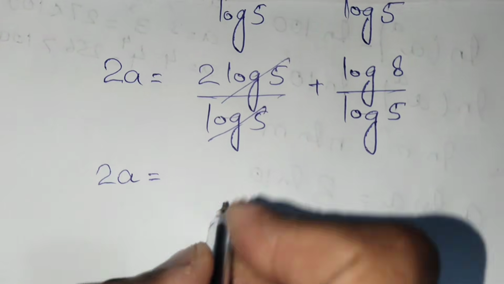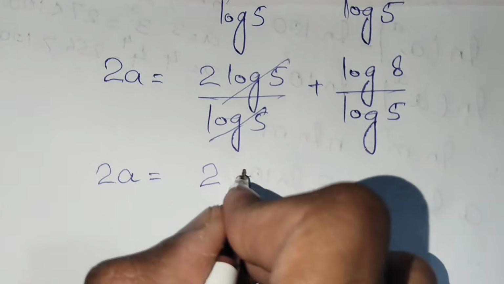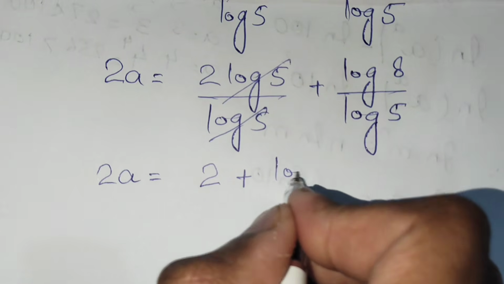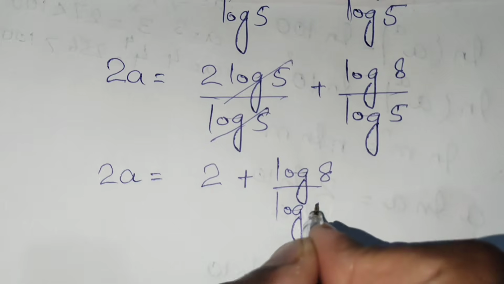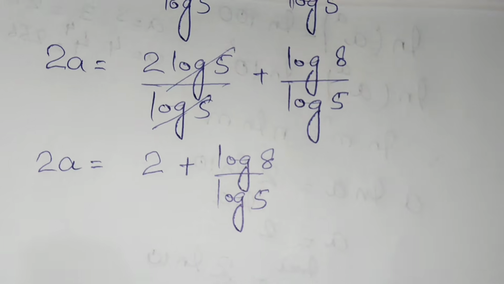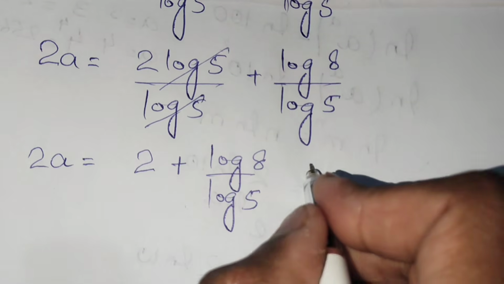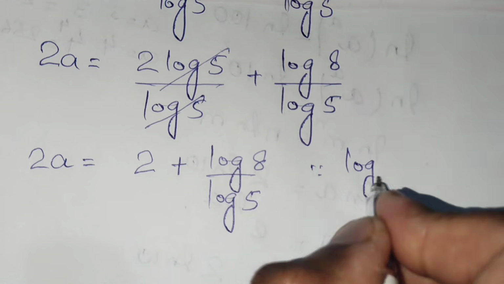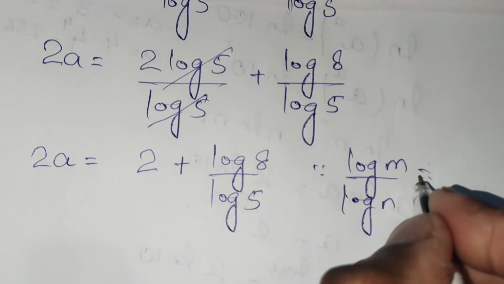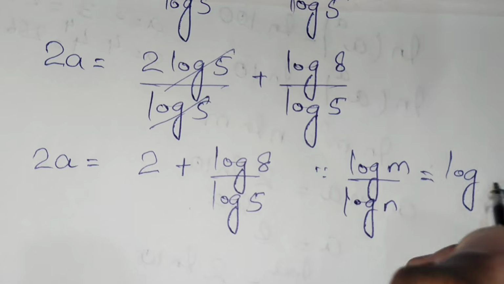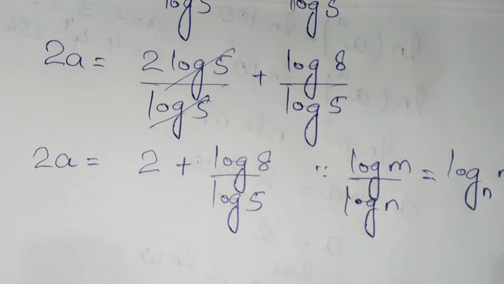2a equals 2 plus log 8 by log 5. We will use a formula for this. Log of m by log of n is equal to log of m with the base n.